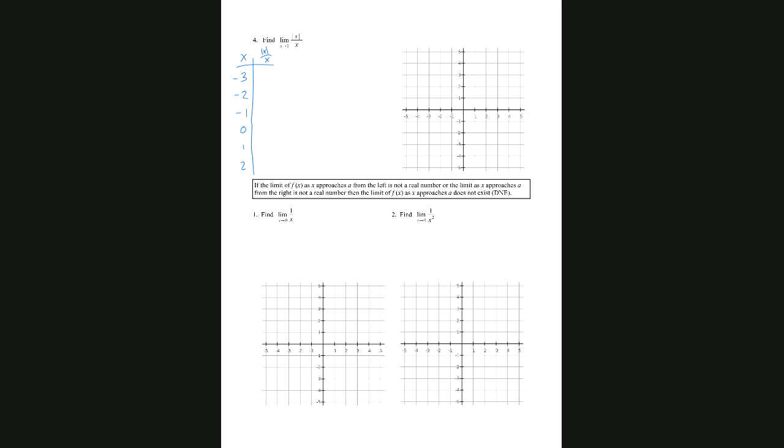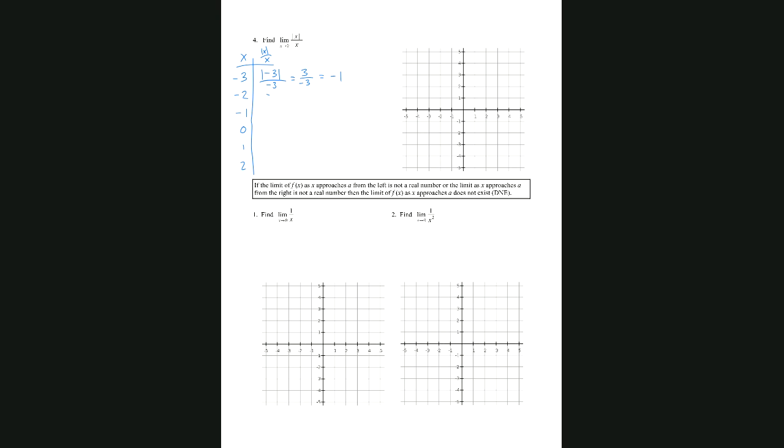Now, absolute value takes the negative away and makes it positive. So that's going to become 3 over -3, which will be a -1.